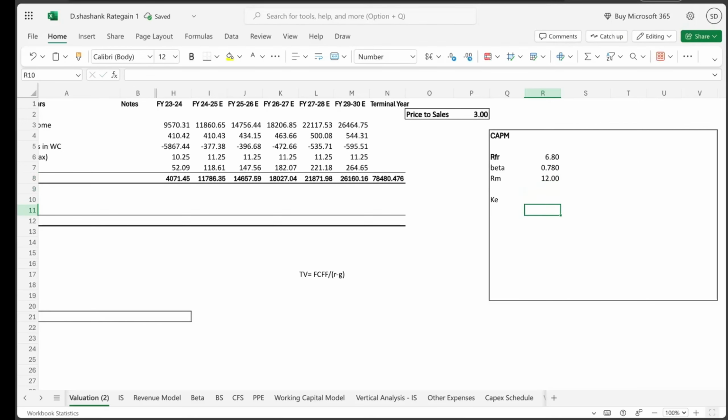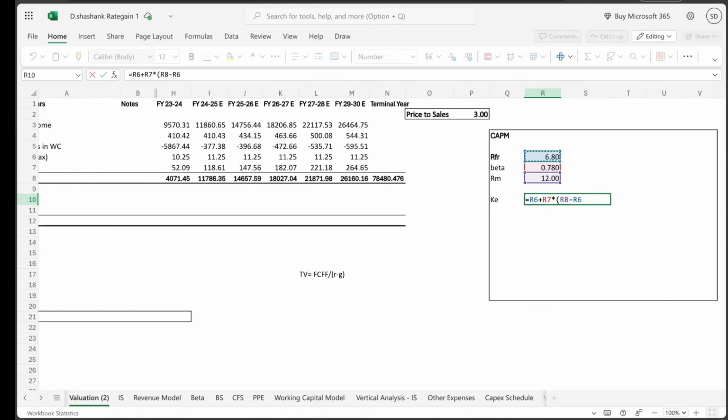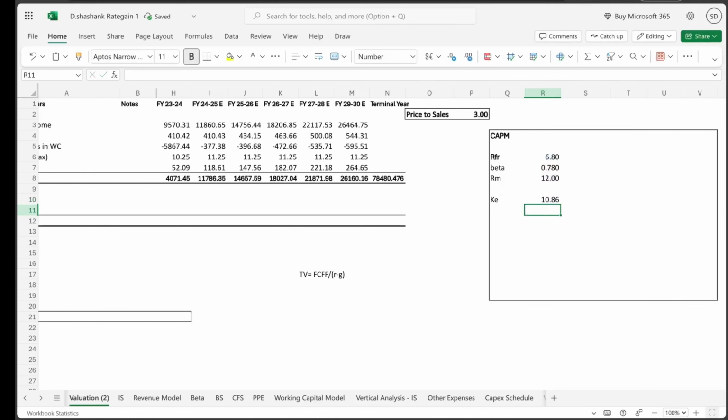These are kind of hypothetical numbers, so don't rely on that. Cost of equity is risk free rate plus beta into market risk premium.